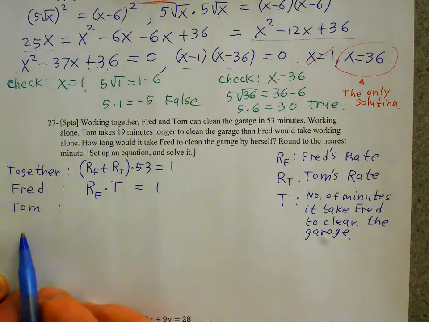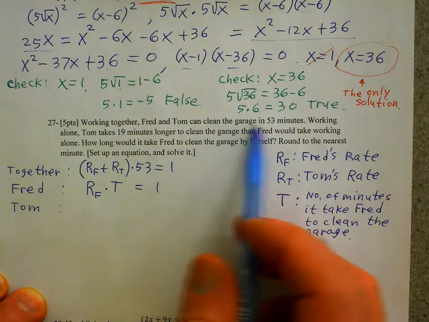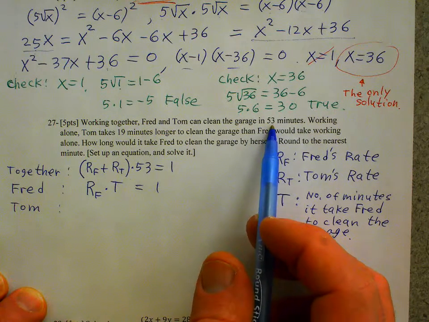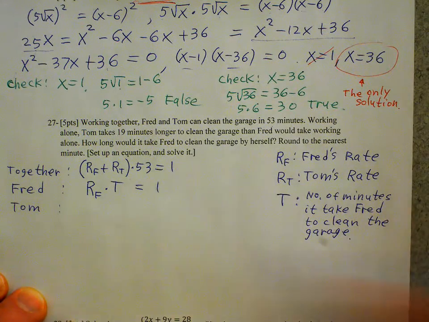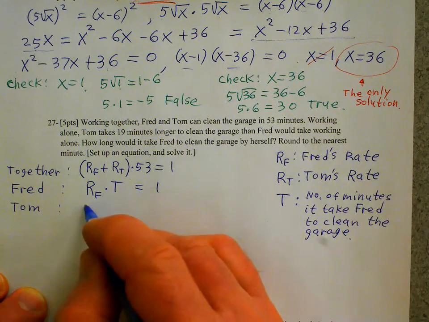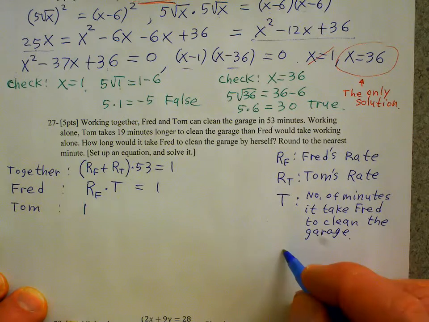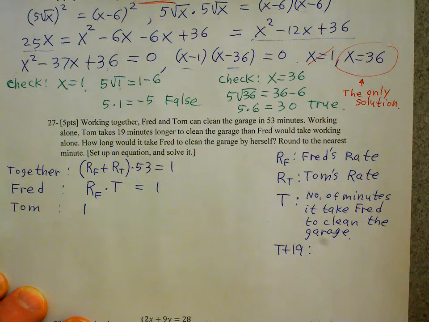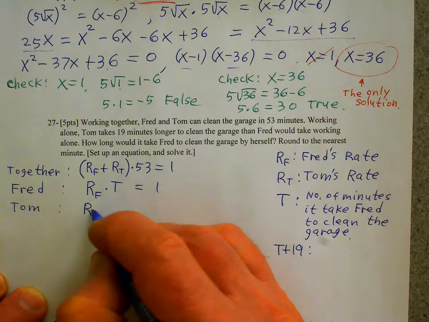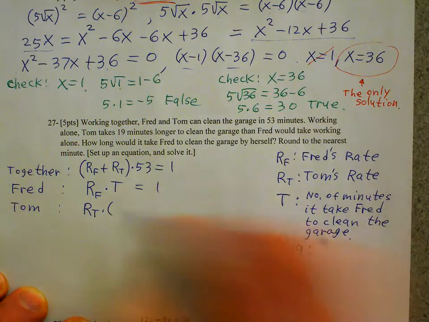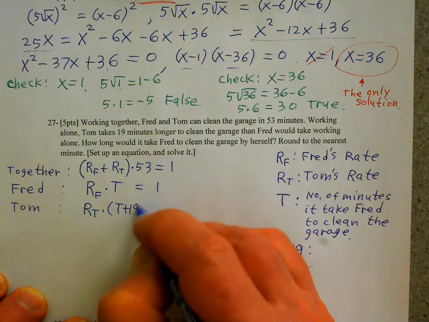Okay, and for Tom, since Tom takes 19 minutes longer, Tom's time is T plus 19. So for Tom, his rate multiplied by T plus 19 equals 1.